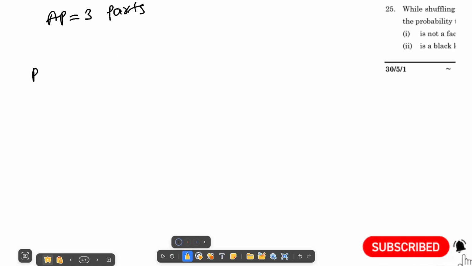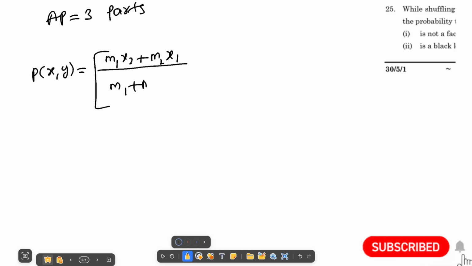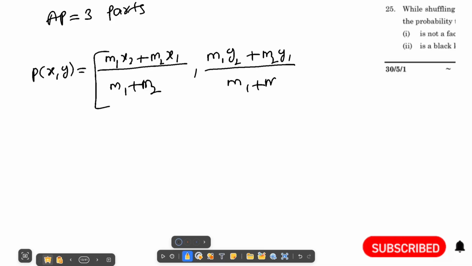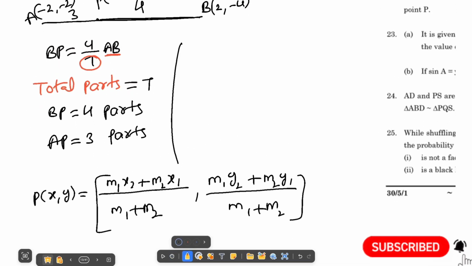The section formula is P x comma y is equal to m1 x2 plus m2 x1 whole by m1 plus m2, m1 y2 plus m2 y1 whole by m1 plus m2. So here what is m1 and what is m2? m1 is 3, m1 is to m2. So m1 is 3, m2 is 4.